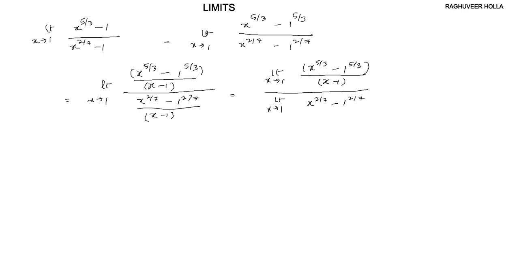This is divided by the limit as x tends to 1 of (x to the power of 2/7 minus 1 to the power of 2/7) divided by (x minus 1).